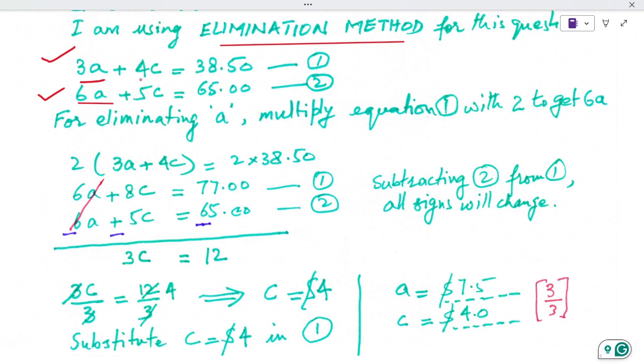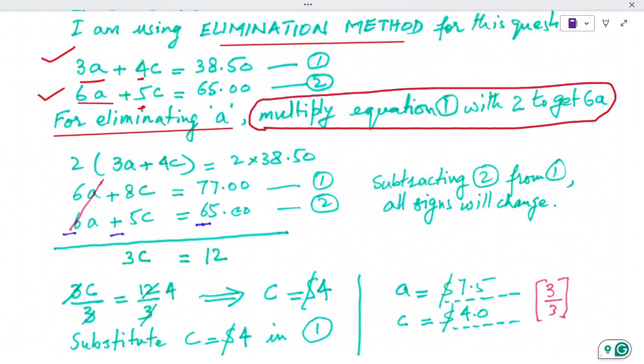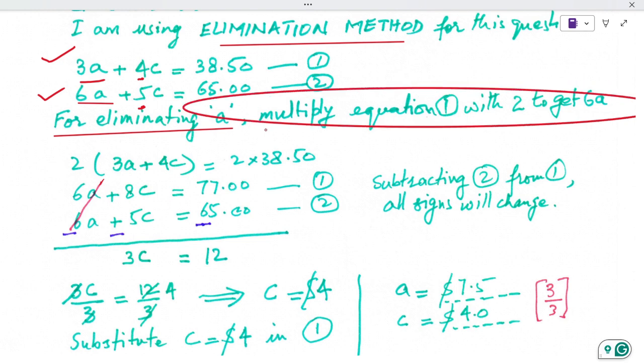Whereas for C, it is 4 and 5, so we would have to do a longer solution to eliminate C. In order to make equation 1 and equation 2 equal in respect of A, I multiply equation 1 by 2 and get 6A plus 8C is equal to 77, and write down equation 2 as it is, 6A plus 5C equal to 65.